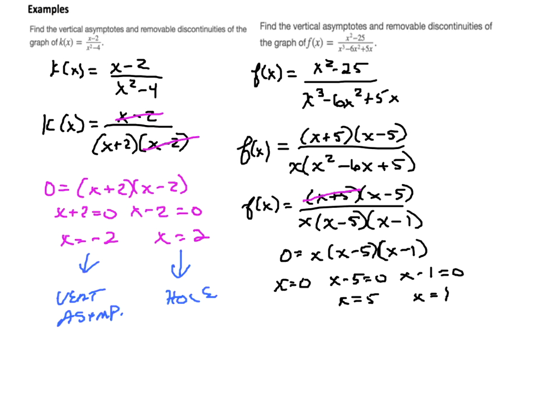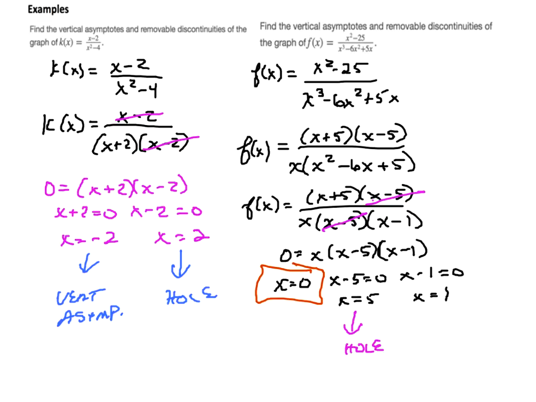All right, so because I can divide out x minus 5, that's going to be a hole.